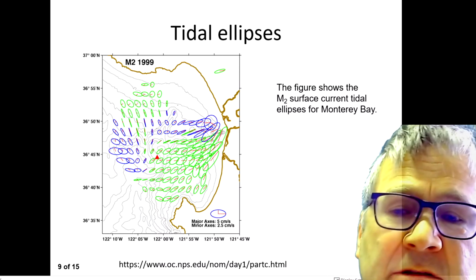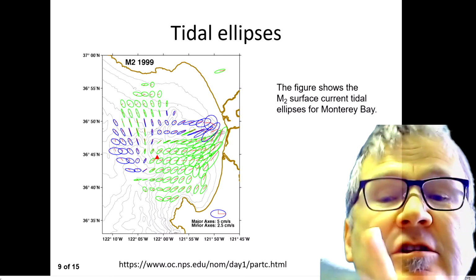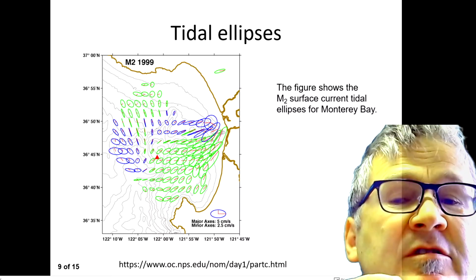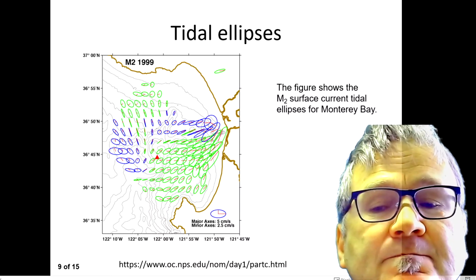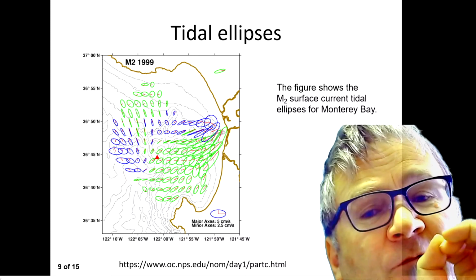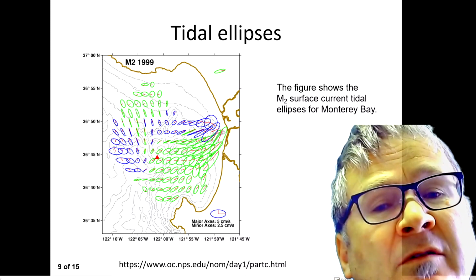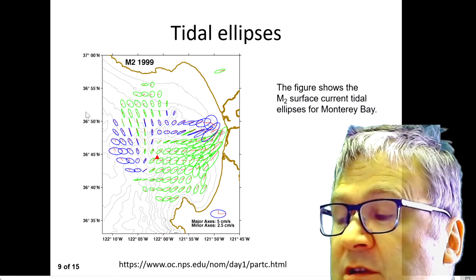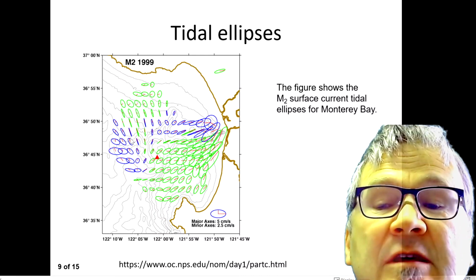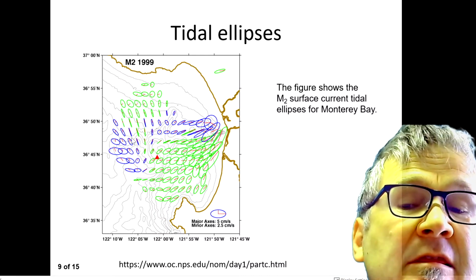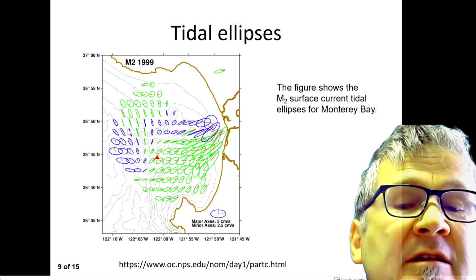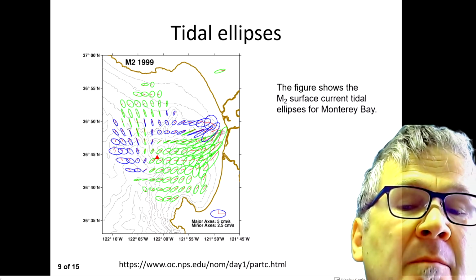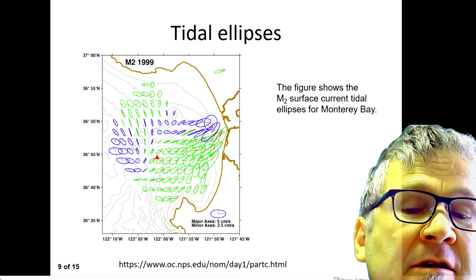The details don't matter, but for each of the locations, it actually shows a tidal ellipse. Okay, and just focusing on some of the details. For example, there are regions where you see only a line, which means that the flow only goes into one direction at some point in time, and then into the opposite.